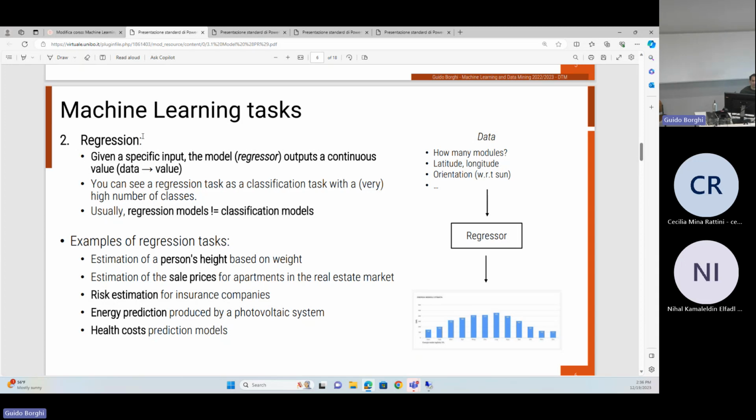For classification it is SVC, support vector classifier. For regression it is SVR, support vector regressor. The same holds for ensemble methods, random forest, for example, or decision trees.